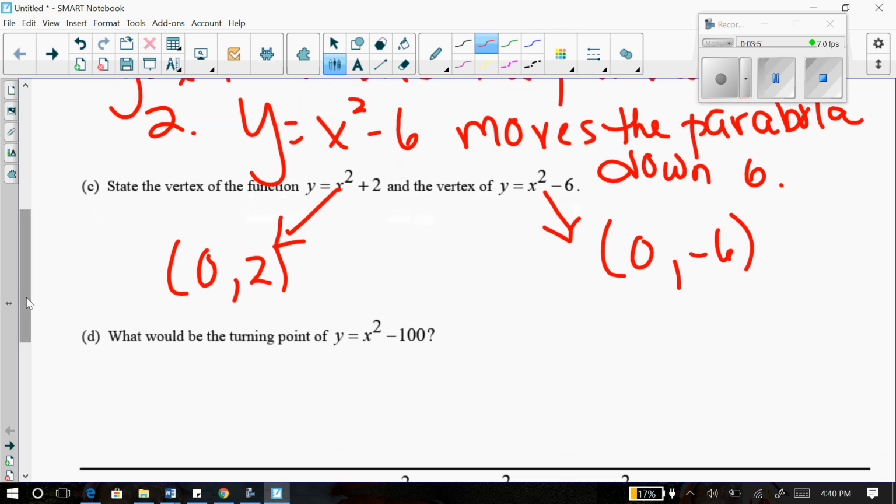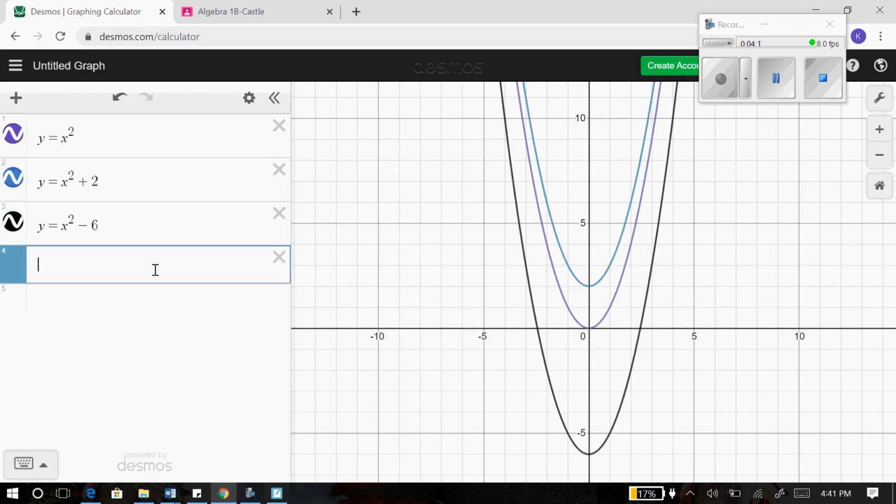So what do we think the turning point of y equals x squared minus 100 is? If when I add 2, it went up 2. If I subtracted 6, it went down 6. My guess is that when I subtract 100, my vertex is going to go down 100. But cool thing is you have calculators, you can check it. So let's type that in.